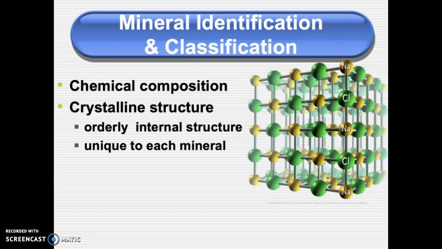The crystalline structure, there are special pieces of equipment that we can use to determine the crystalline structure of a mineral. We do not have one of those in the lab, and we are not going to be determining chemical composition. But this is what the mineralogists use when they determine the identity of a mineral. So we're just going to stick with that for a few minutes and talk about where it takes us.